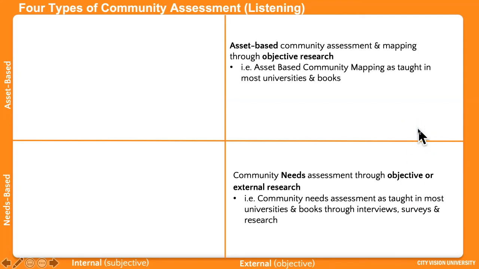Now, the asset-based approach to that is asset-based community mapping. And again, we go back to universities and books, but you can also do this. You can take that discipline and map the resources that you see in a community, which is very easy today with Google Maps. You can zoom into an area and label the different assets the community has.